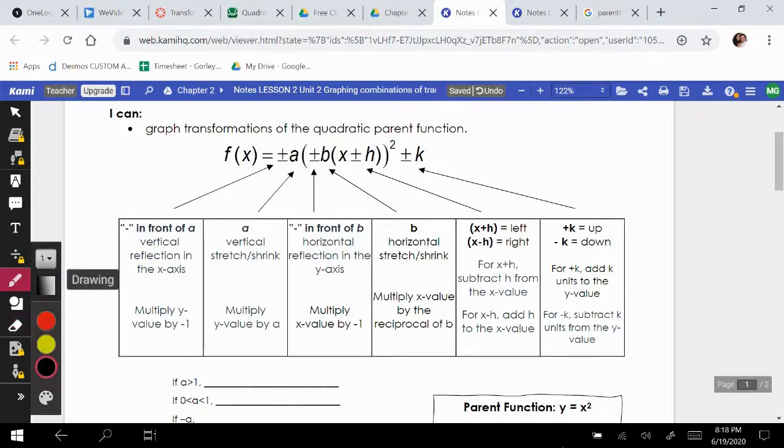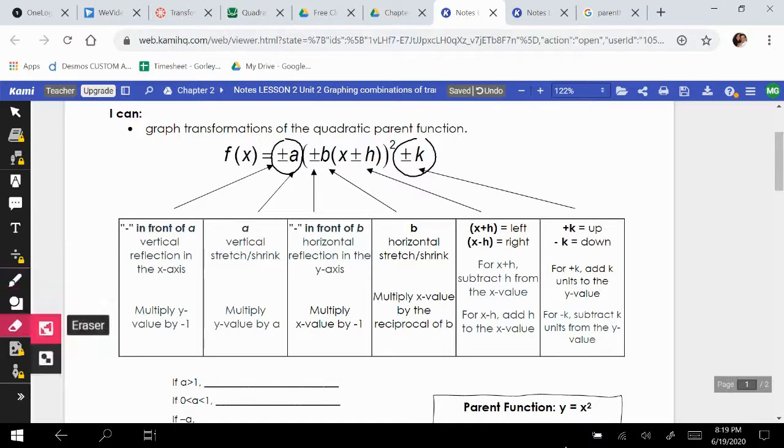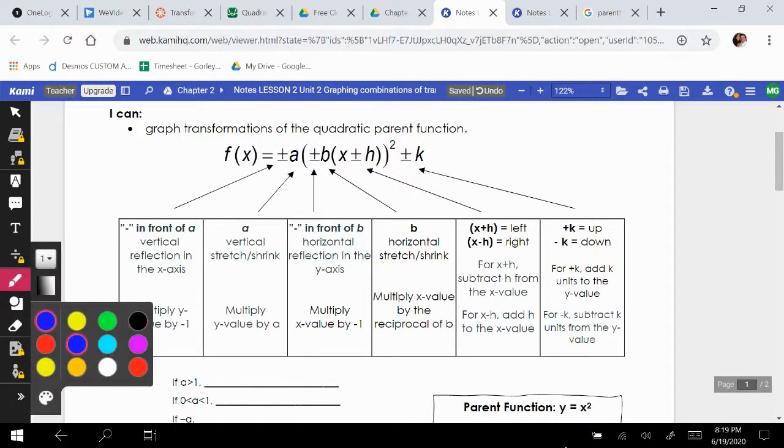Okay, let's just move through a quick review. I'm going to start with the stuff that's outside of the parentheses. Anytime we're looking at the components outside of the parentheses, that is going to be vertical change, which is going to affect our y values. So if I have a negative sign in front of A, that's a vertical reflection in the x-axis.